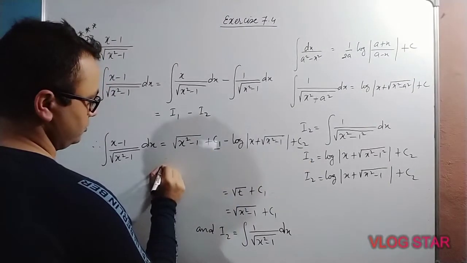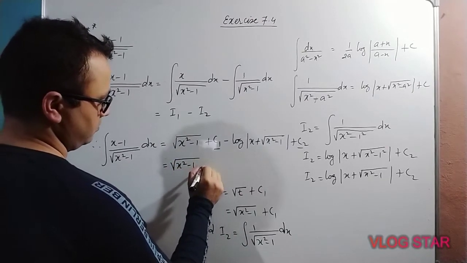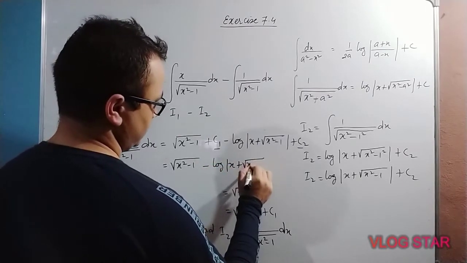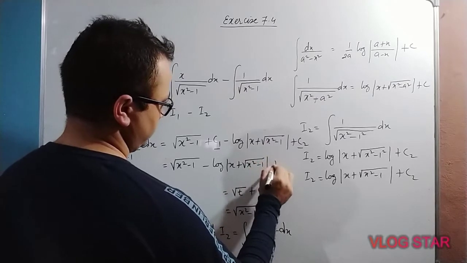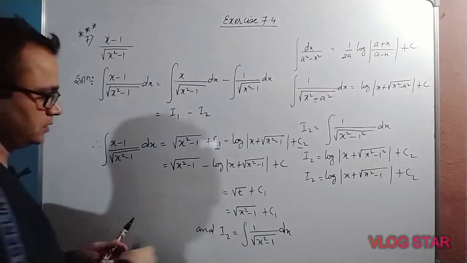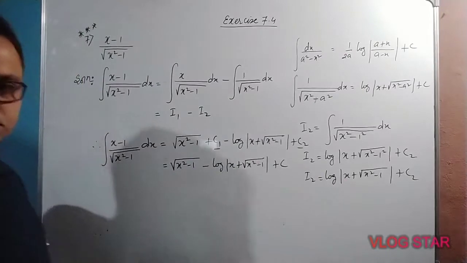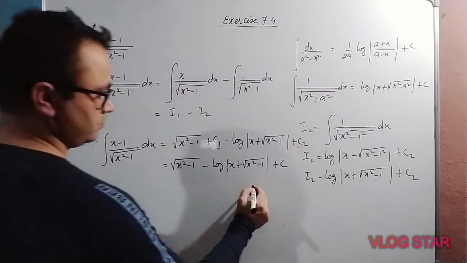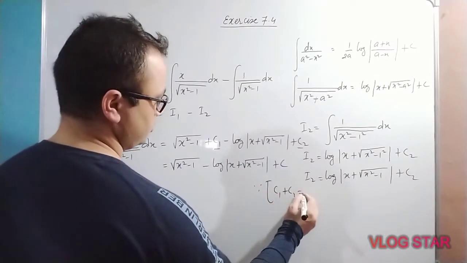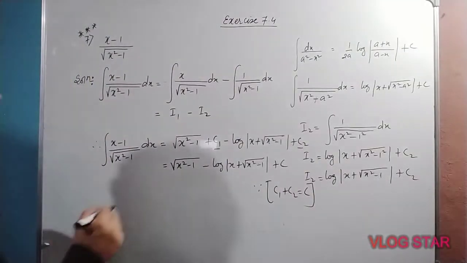So this equals root under x square minus 1 minus log x plus root under x square minus 1 plus c, since c1 plus c2 equals c, the integration constant. So this is question number 7.